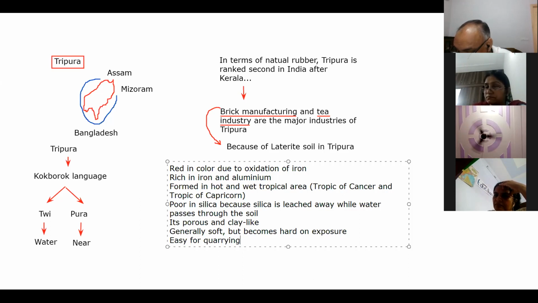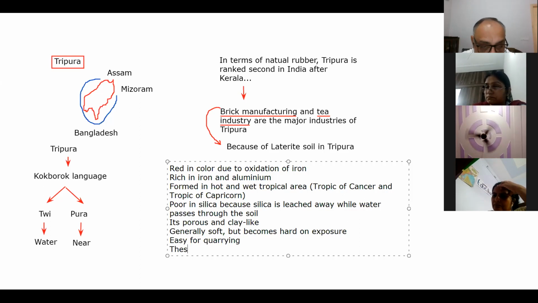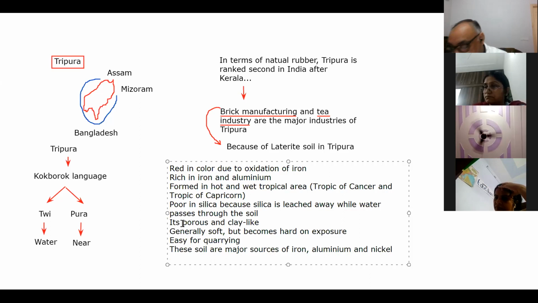So we can say these soils are major sources of iron, aluminium and nickel. So इसमें से निकल वगैरह भी मिलता है, right? So iron वगैरह निकालते रही हैं countries.